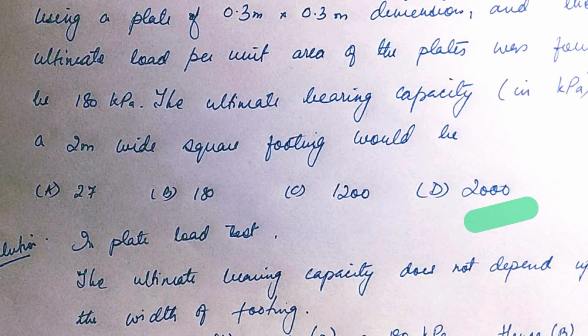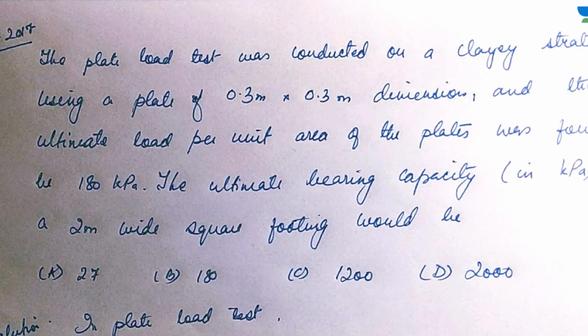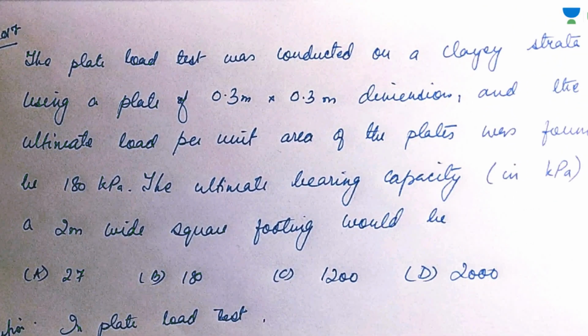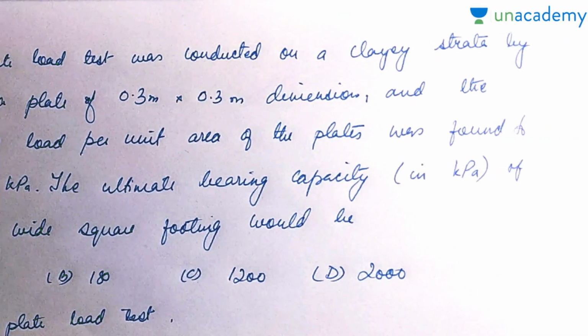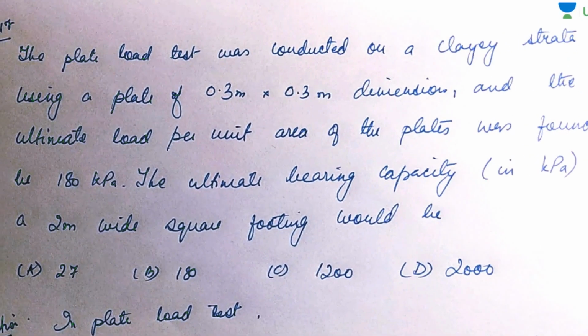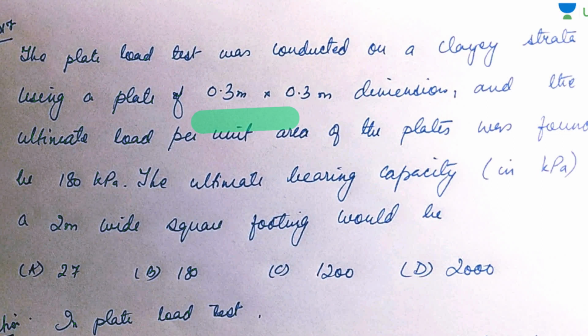Let's see the question once more. What is given? What is asked? The plate size of the plate load test is known to us, 0.3 cross 0.3, and the ultimate load per unit area of the plate was found to be 180 kPa.